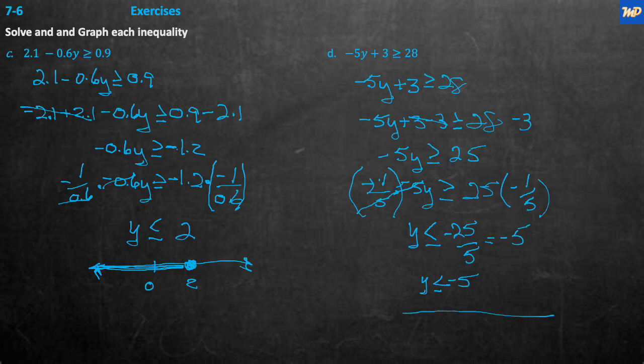And if we graph it, here's 0, here's negative 5. y is less than or equal. So we put a dot right here on the negative 5, and draw an arrow to everything to the left of the negative 5. That's the less than section of the graph. Thank you.